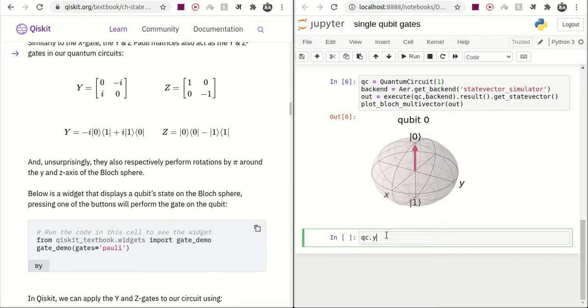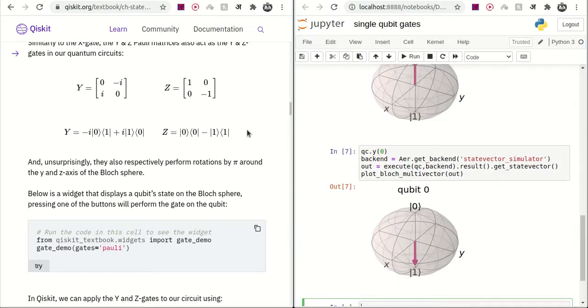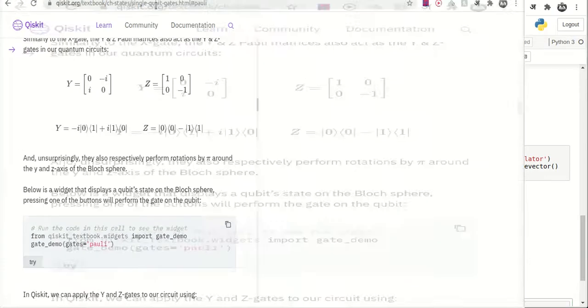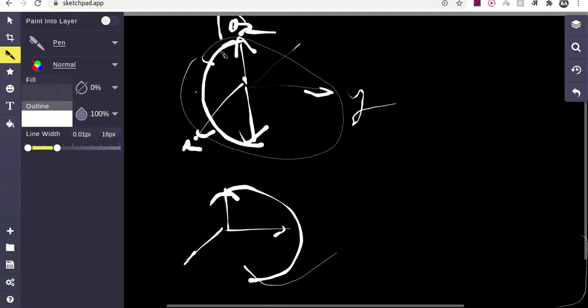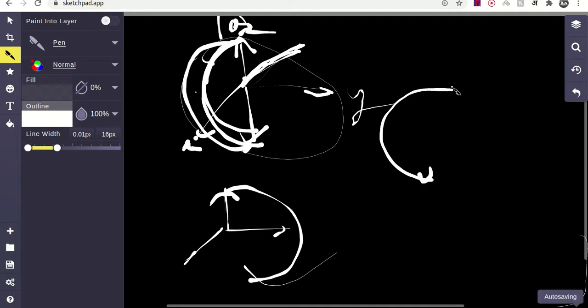Now QC dot y 0, again we do that, and this is again rotated to 1. If we rotate along the x axis, it goes through this way, but for the y axis it goes through here. The paths on the sphere are different, but both will lead to 1.